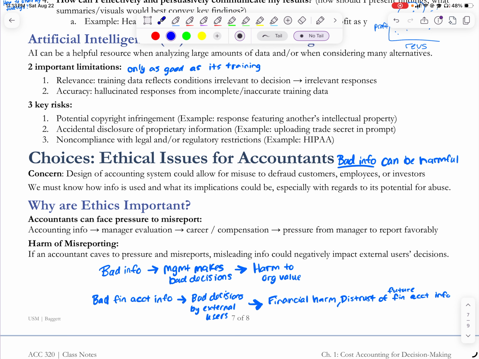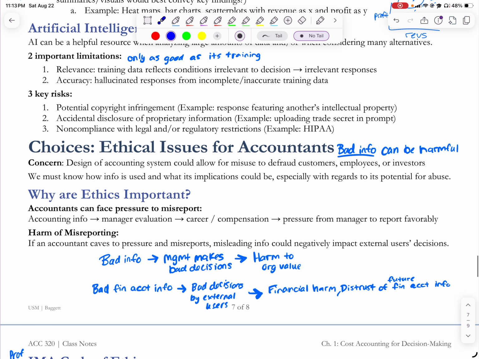Or you could violate certain laws, regulations about disclosing data publicly, about the data that you have. If you're uploading the information and there's some kind of legal statute or regulation that prohibits you from disclosing certain types of information, then you could run into legal trouble.